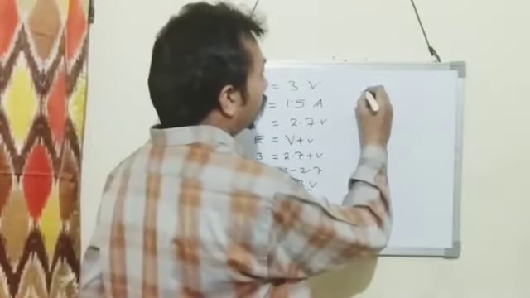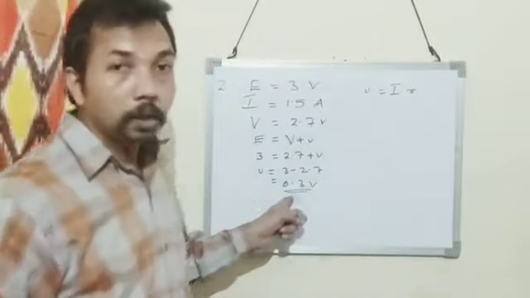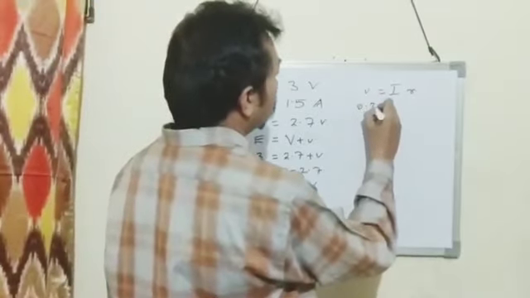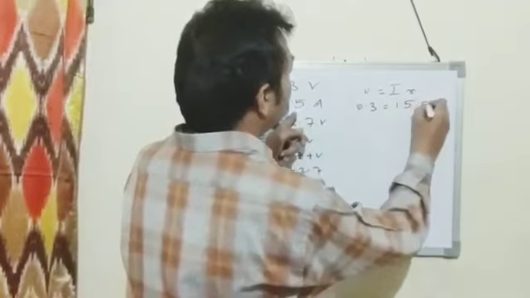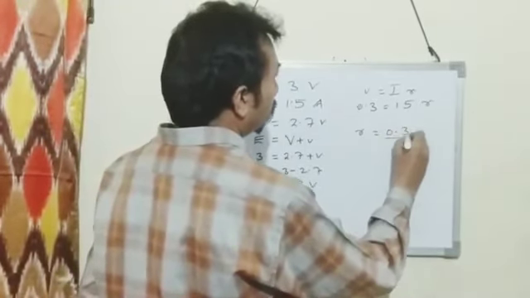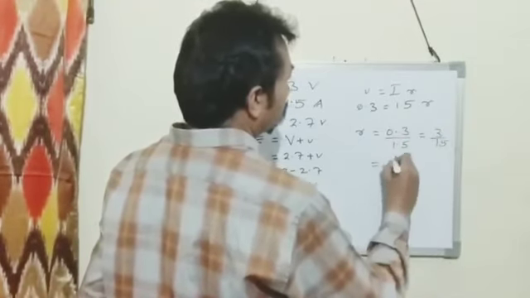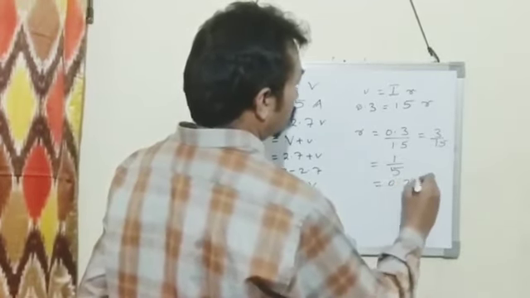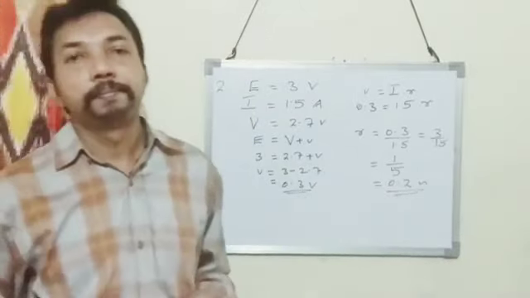Then we write the formula of voltage drop: voltage drop equal to current into internal resistance. So 0.3 is equal to current, given as 1.5, into internal resistance. Therefore, internal resistance equal to 0.3 upon 1.5, 3 upon 15, which is equal to 1 by 5, equal to 0.2 ohm. So this is the answer.